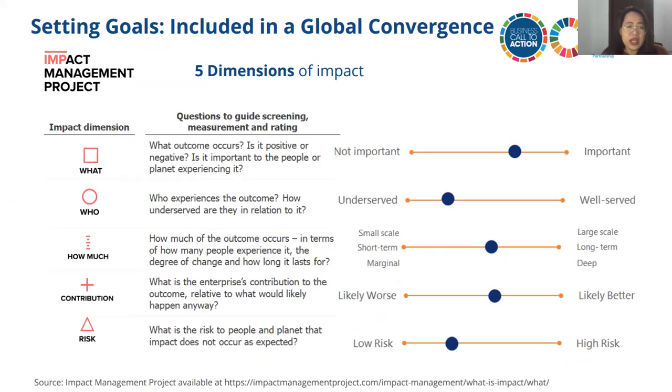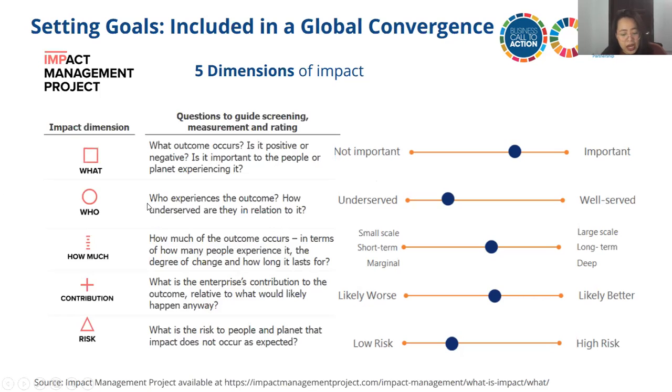To understand any impact, we need to understand the 5 dimensions of performance. What tells us what outcome the enterprise or your startup is contributing to, whether it is positive or negative, and how important the outcome is to stakeholders.